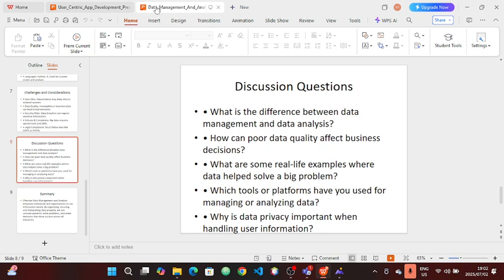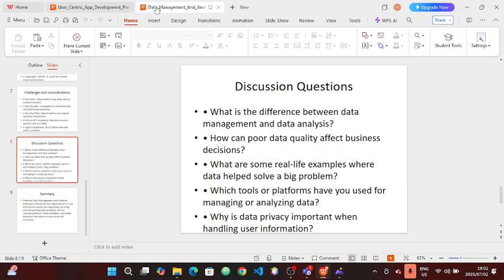You remember on data management, I mentioned SQL and non-SQL, cloud storage, Microsoft Azure, ETL tools, and then also the tools on data analysis. We have Excel, we have Python, we have React, we have Power BI, etc.